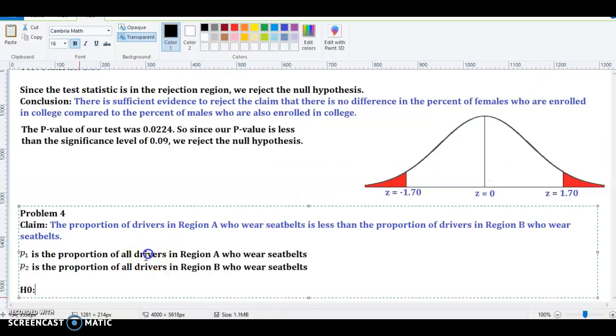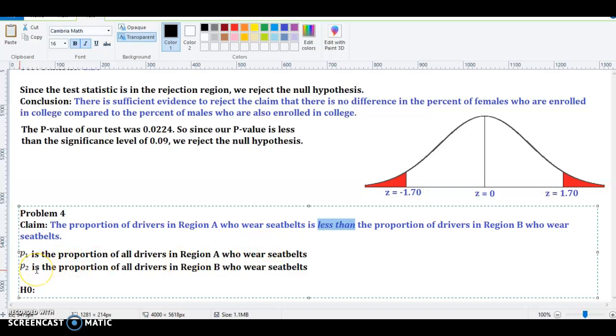hypotheses. So remember, the claim that was given in the problem is that the proportion of drivers in region A who wear seatbelts is less than the proportion of drivers in region B who wear seatbelts. So that we have an understanding of the meaning of the symbols in the problem, P1 is the proportion of all drivers in region A who wear seatbelts.